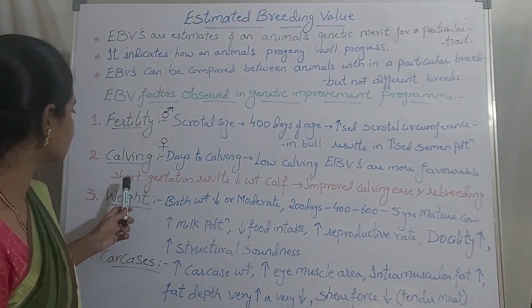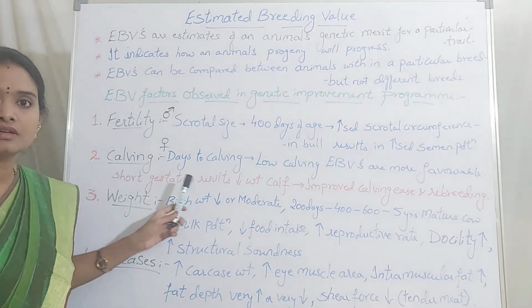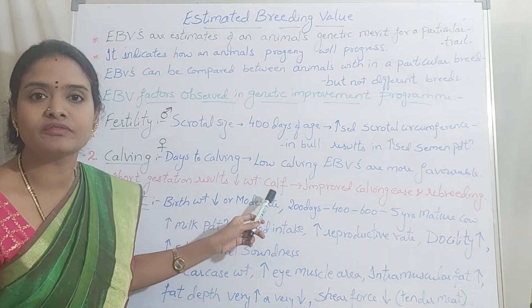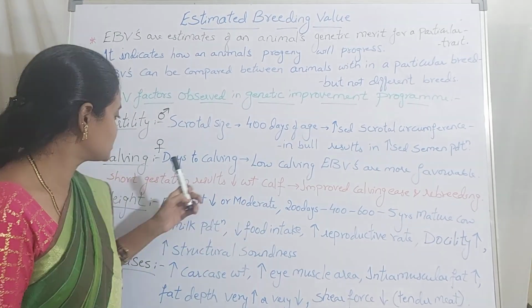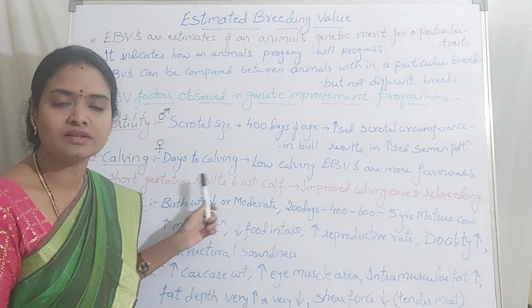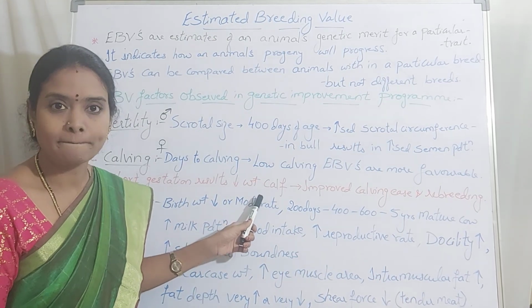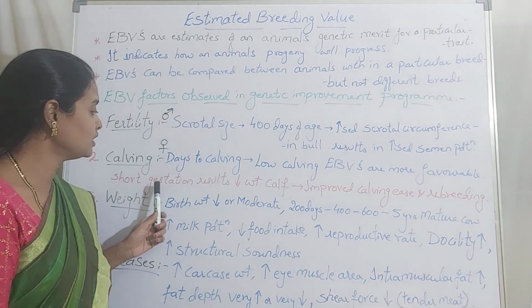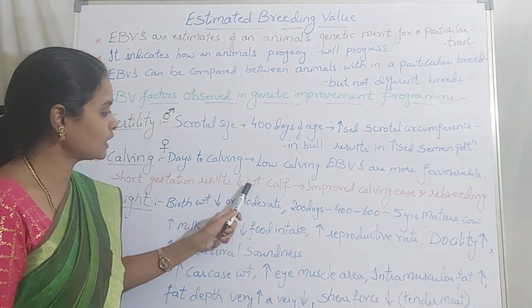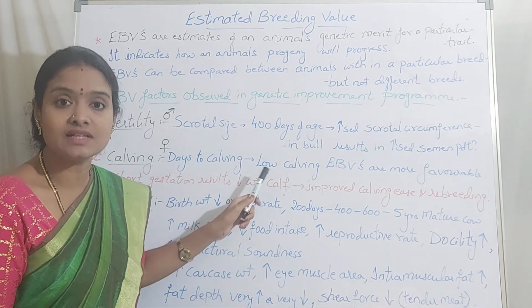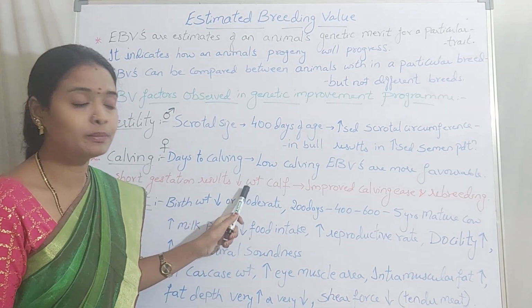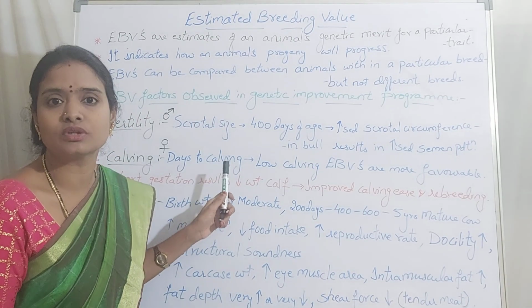So here you can see the short gestation results in low weight of the calf, right? If the gestation period is very short, then the calf weight will be low. If the gestation period is very long, then what happens? The calf or the baby will increase in its size, right? Then it will be difficult for the mother animal to calve.